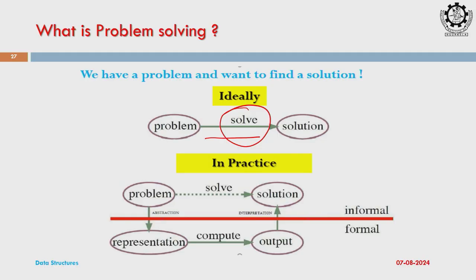For the problem, we have a representation. I have to represent the problem in the computer, in particular in the main memory of the computer, and that representation is possible with the help of data structures. Once it is represented, now comes something called compute.